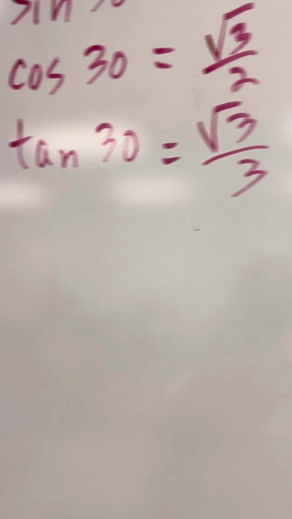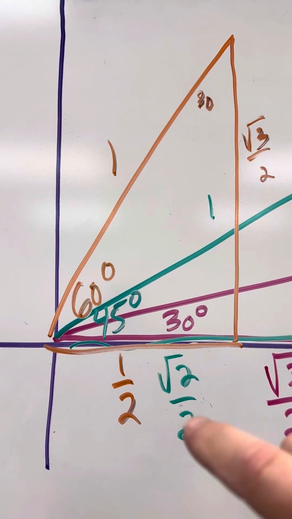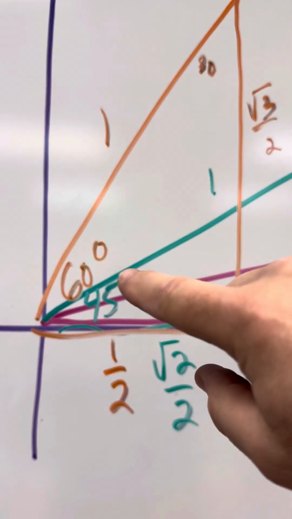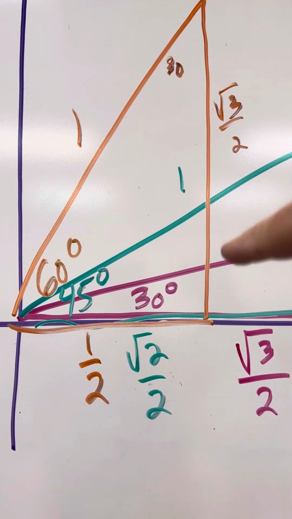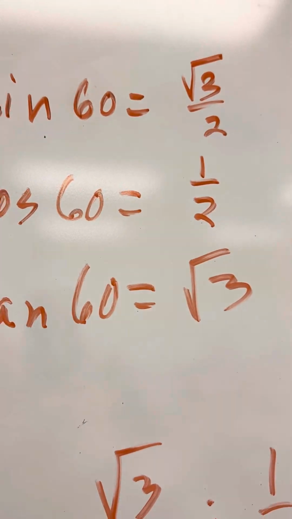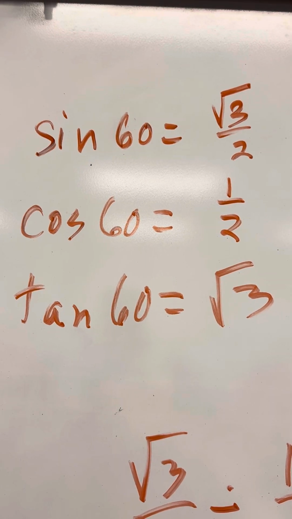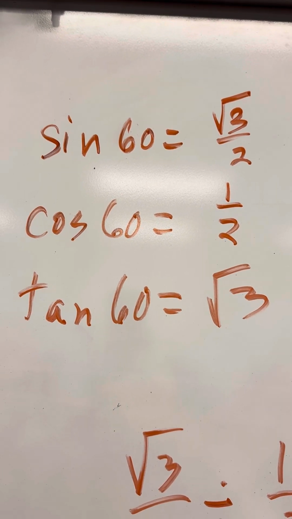Okay. So now looking at 60 degrees, if this is 1, this is 1/2, and this is square root of 3 over 2. So sine of 60 is square root of 3 over 2. Cosine of 60 is 1/2. Tan of 60 is square root of 3.